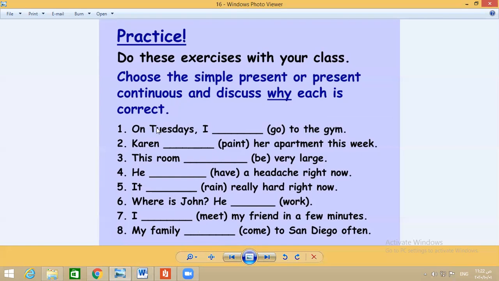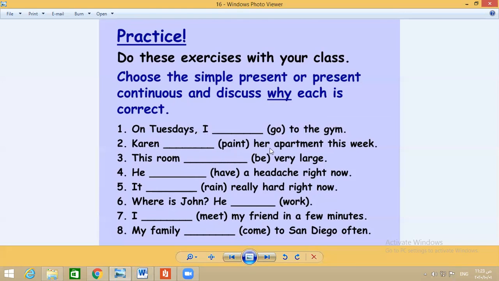So on Tuesdays, I do this habit, which is going to the gym. Of course, I will use the present simple because on Tuesdays is a helping word that tells me that this sentence is using the simple present. So my answer will be, I go to the gym. Excellent.